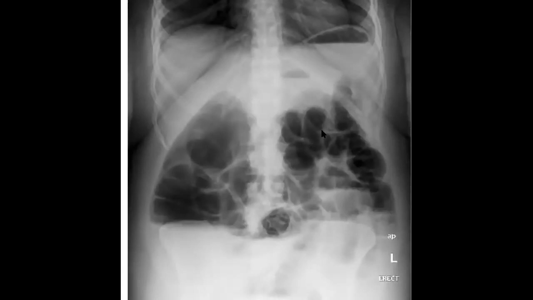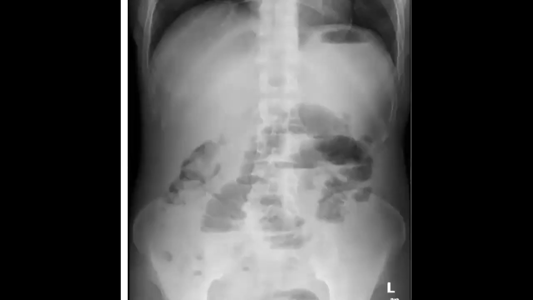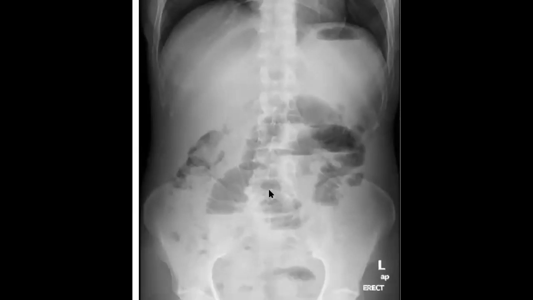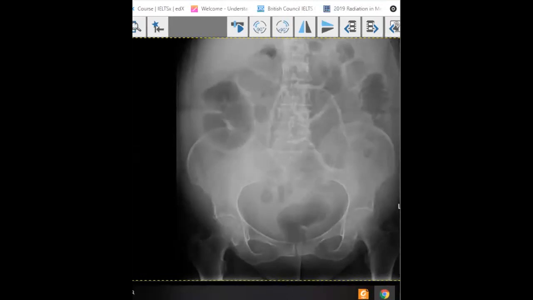Dilatation, large bowel, small bowel, paralytic ileus. Here is small bowel obstruction. Yes, dilated small bowel. Large bowel is not dilated. Yes, thank you.